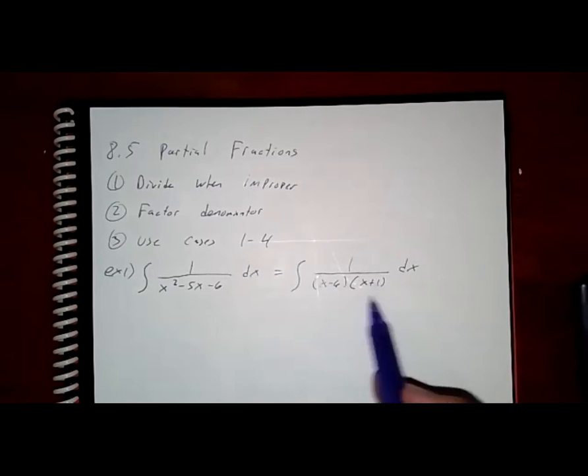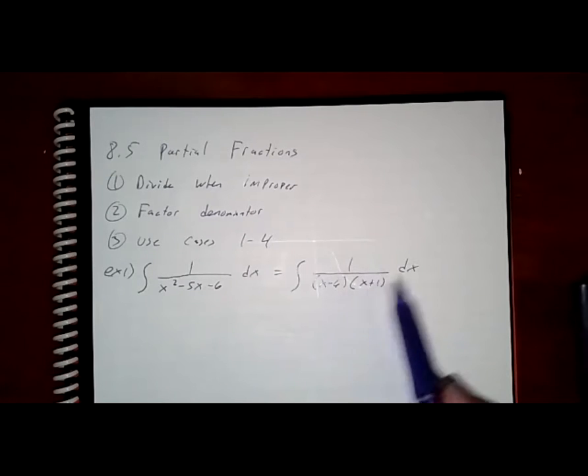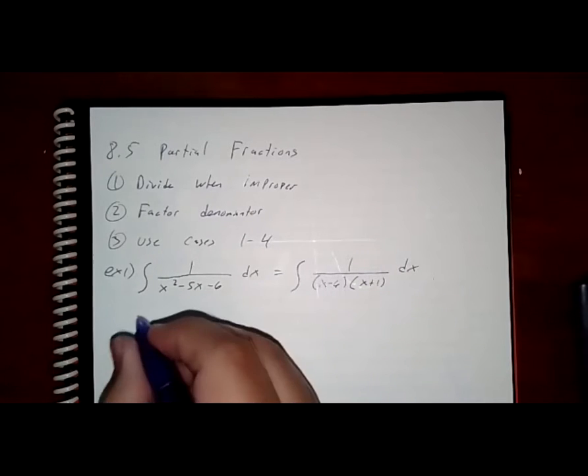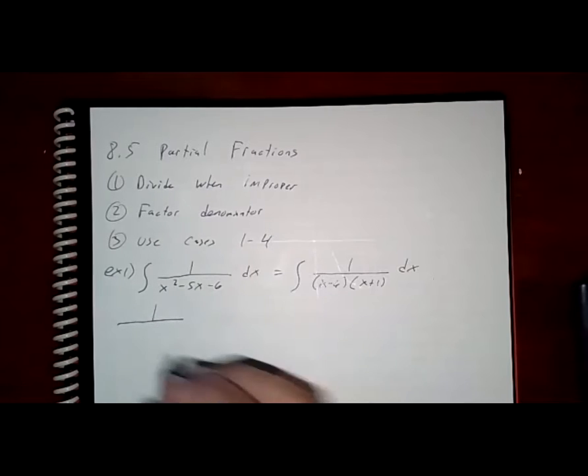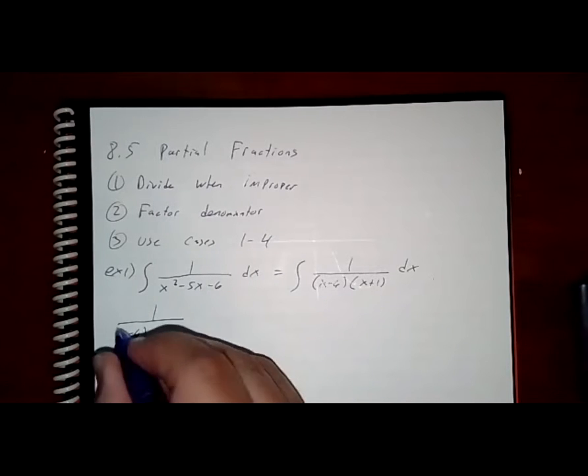So you see how I need to separate this first, right? So we're going to integrate this eventually. So what I want you to first do is deal with the partial fraction.